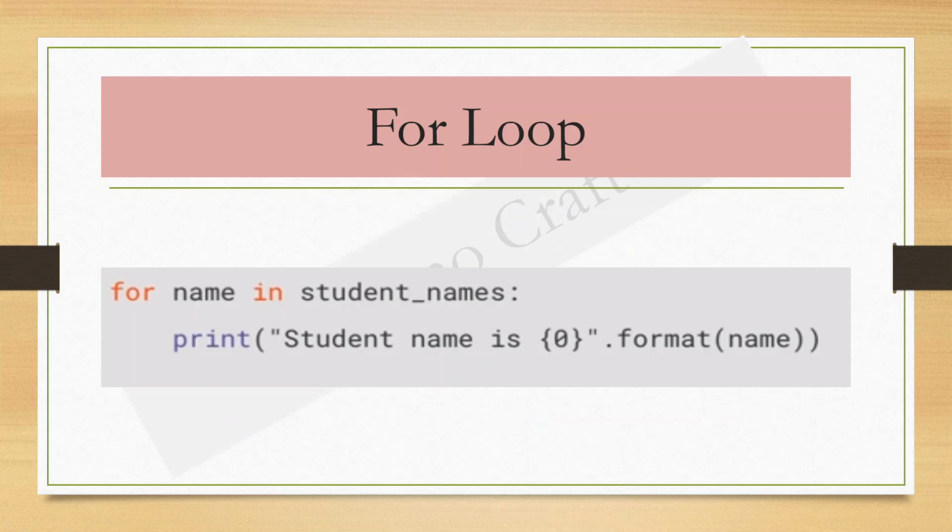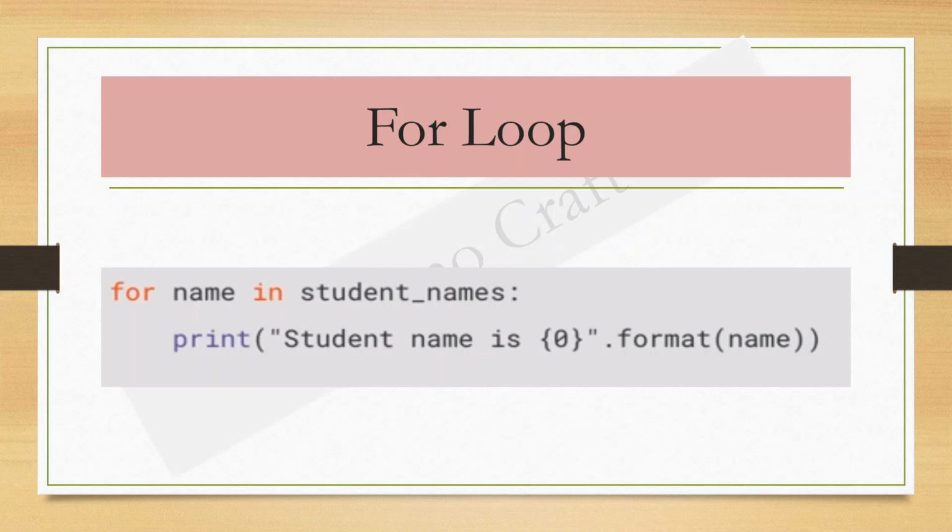This is what a typical for loop looks like in Python. Running the code is going to print the name of every student in our student_names, or in other words, every element in our list. This name variable we introduced refers to the single element in our list, in our case a name, which is why we call it that. You can read this code as: for every name in the student_names list, do this.